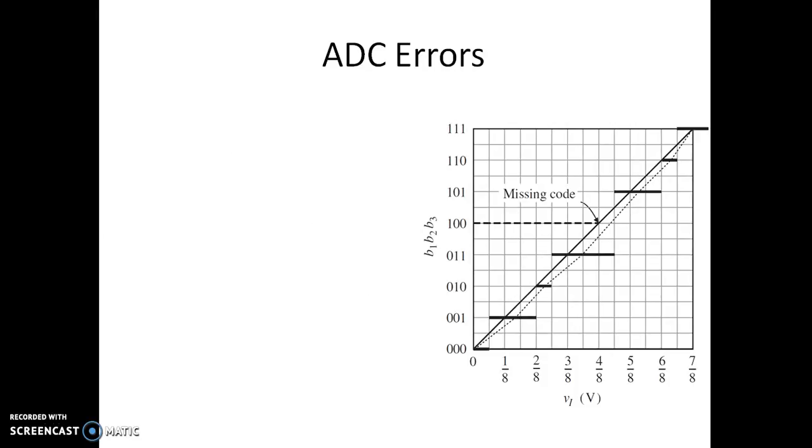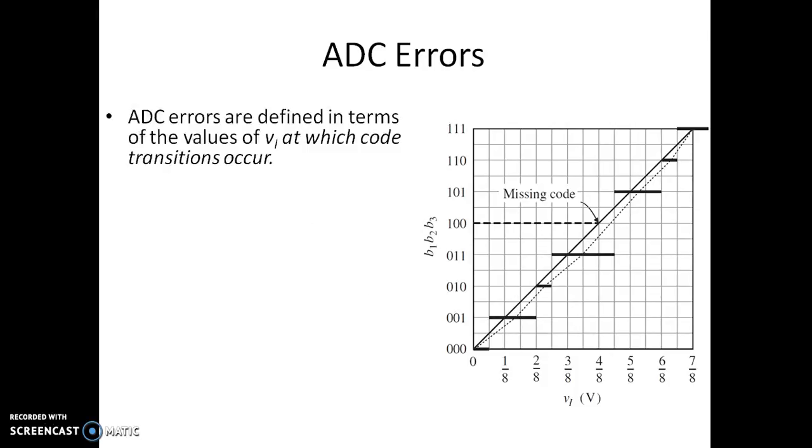Let us see what the ADC errors are here. ADC errors are defined in terms of the values of Vi at which code transitions occur. So we know that code transition will occur here. The transition is occurring at 1 by 16.